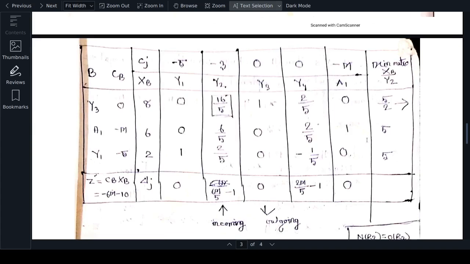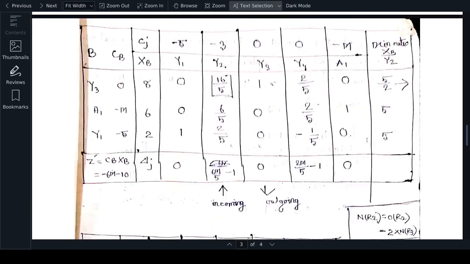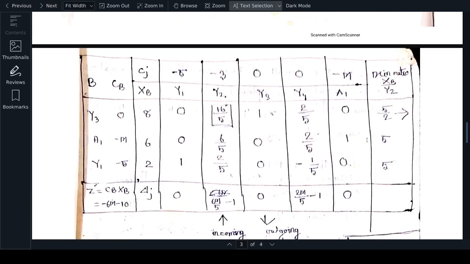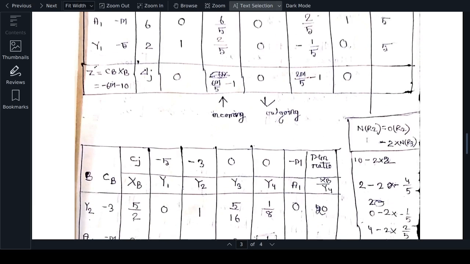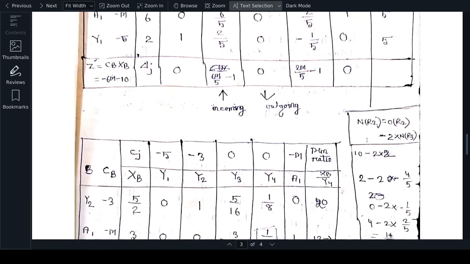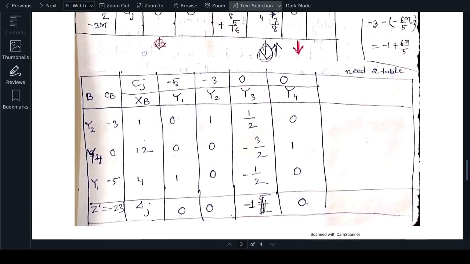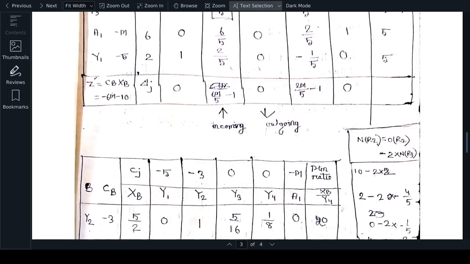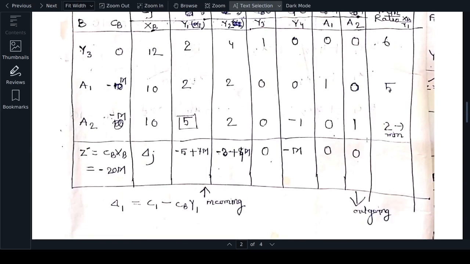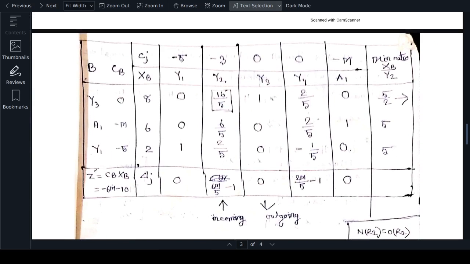Again, you find z dash in the second table. So you see -6M -10. Again, the delta j value: we already calculated, and here you see 6M by 5 minus 1. This is one positive term, and 2M by 5 minus 1 is another positive term. So here 6M is the highest, the coefficient of M is 6.